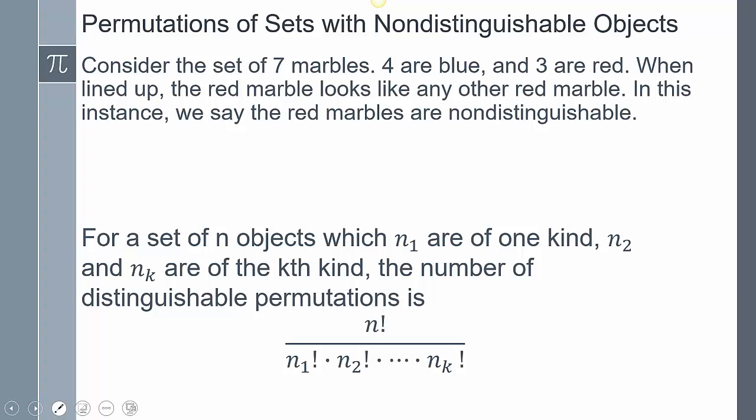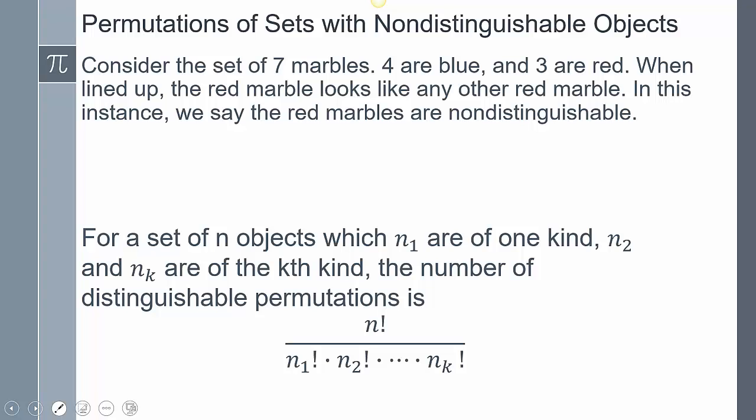Now, consider a set of 7 marbles, where 4 are blue and 3 are red. When you actually line them up, a red marble looks like any other red marble. So in this instance, we say those red marbles are non-distinguishable, meaning if I take 2 of those marbles and switch them, nothing changes.